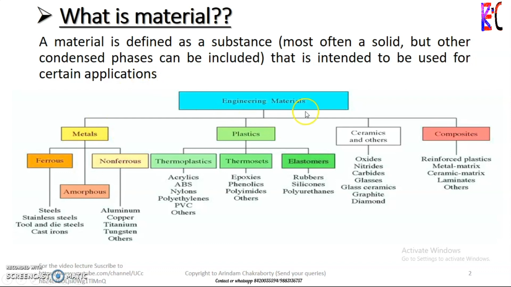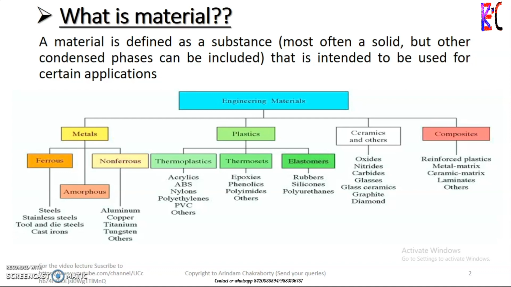As you can see, engineering materials have been divided into four different parts: metal, plastic, ceramics, and composites. Metal is what we know as metal, like ferrous, non-ferrous, amorphous. If we consider iron, then steel and iron-related things.